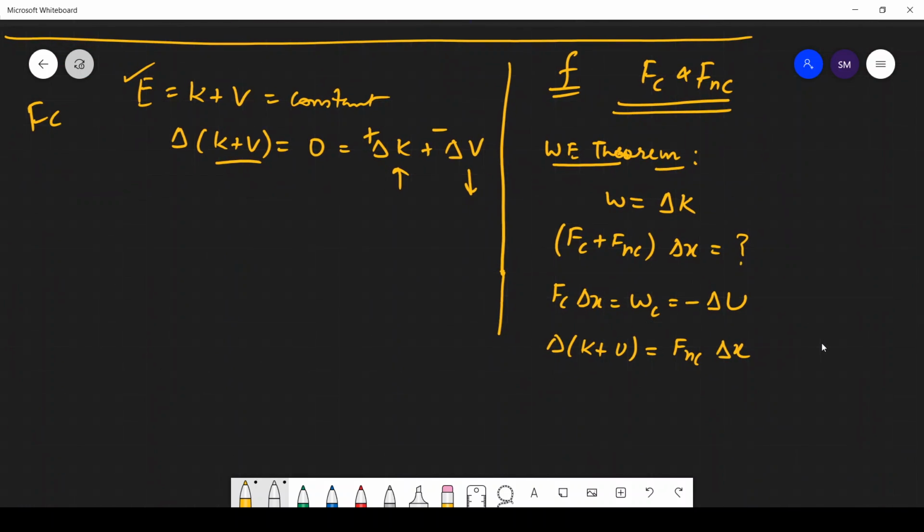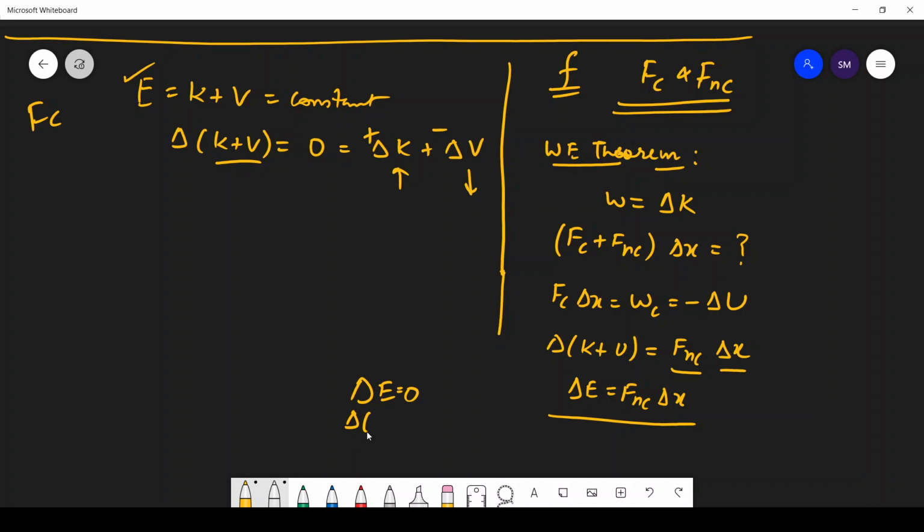It was 0 for the conservative force, right? But for the non-conservative force, this will be equal to the non-conservative force into delta x. We can write that the change in mechanical energy, delta E, is equal to F_NC delta x. So for the conservative force, delta E was 0.